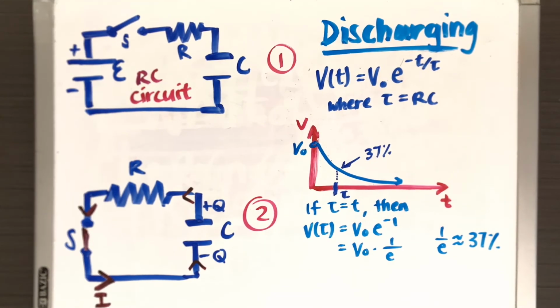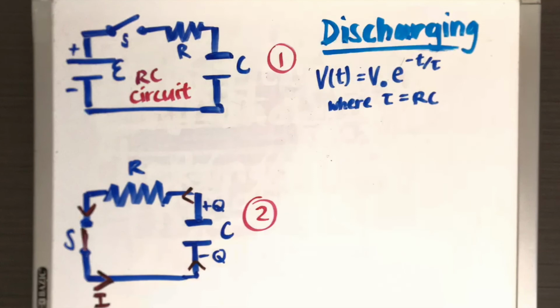Therefore, we can say if you want to discharge a capacitor more quickly, you would want to put a smaller capacitor or smaller resistor in the circuit. A larger capacitor or a larger resistor would increase the capacitor discharging time. And that is a relationship between time dependence and discharging a capacitor.